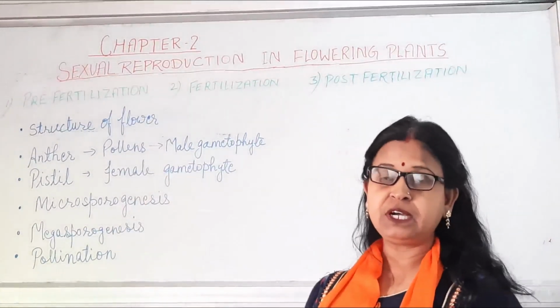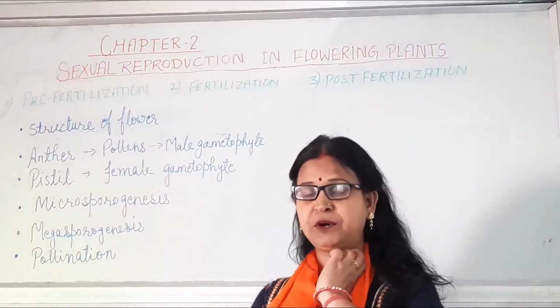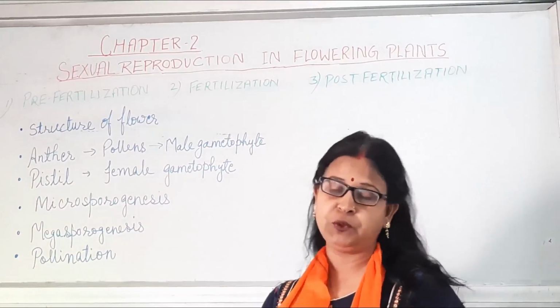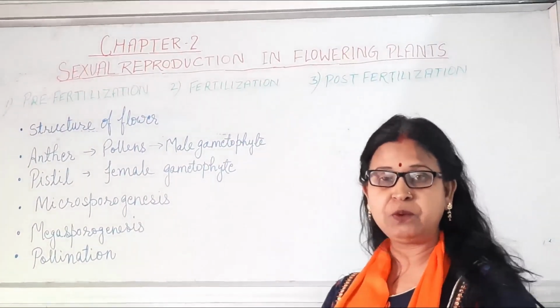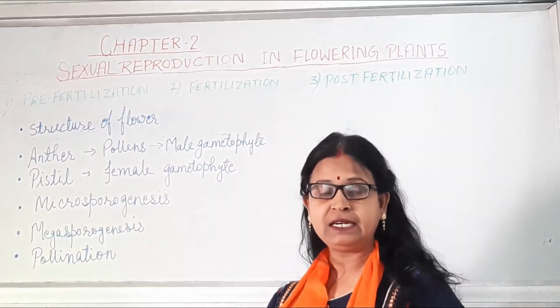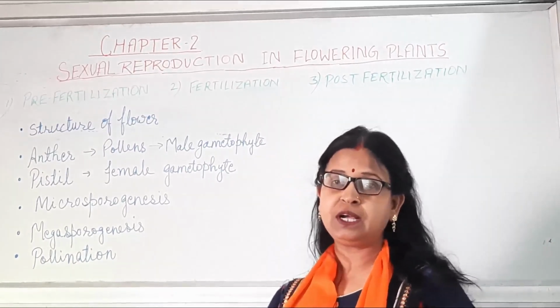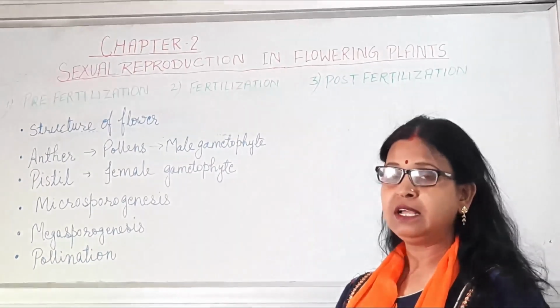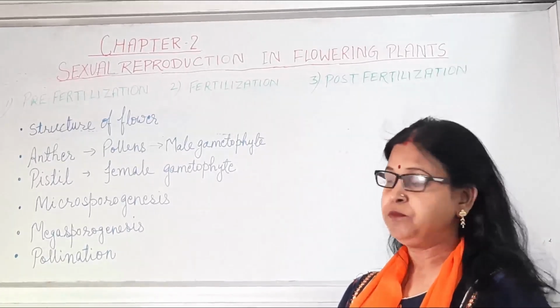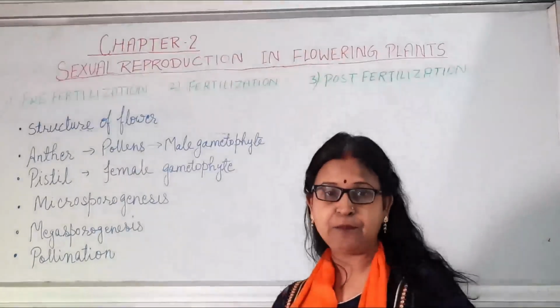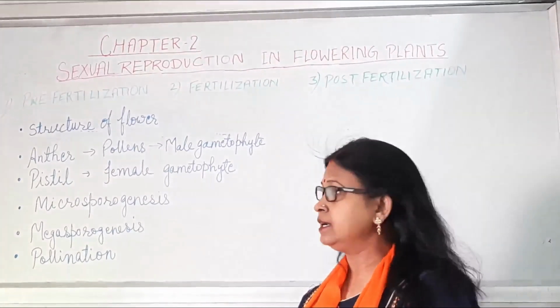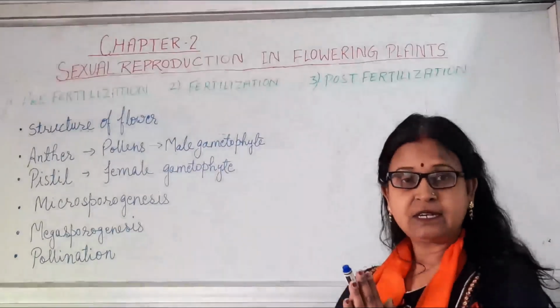Just before the commencement of the flowering or reproductive phase, a special hormone, florigen, is synthesized in the leaf and then reaches the site where flowering will occur. After the flower appears in the plant, we will study the structure of the flower.